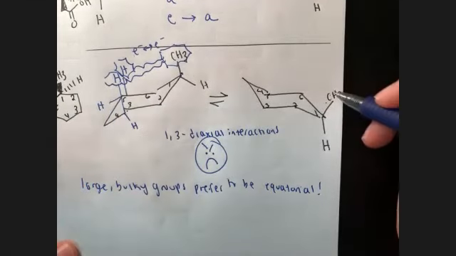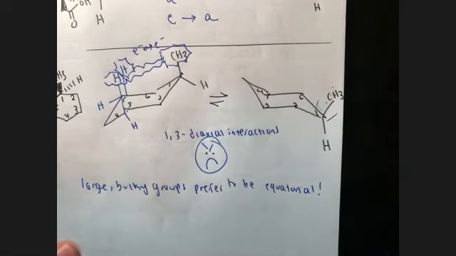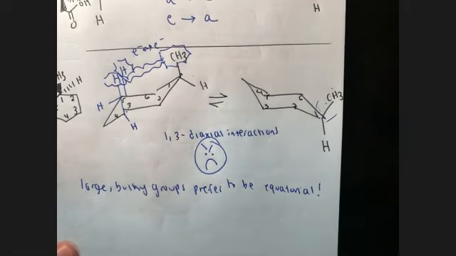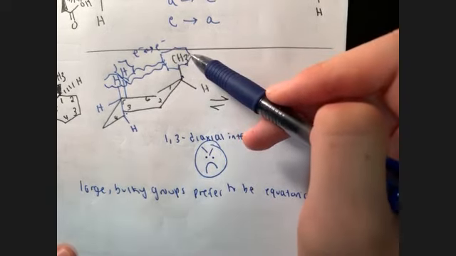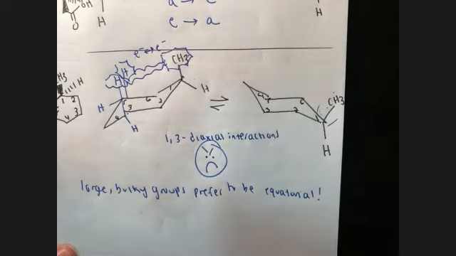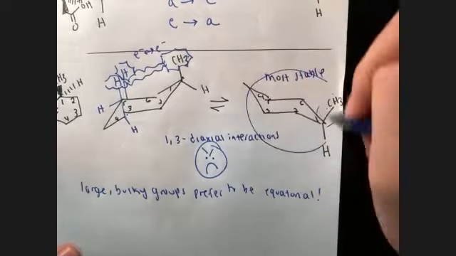You can't have diaxial interactions when it's equatorial. So when we're talking about stability, it's a very, very good idea to just look at a chair conformer where you make this large sterically hindered group equatorial. And that's typically the most stable, this side. So this would be the most stable chair conformer.